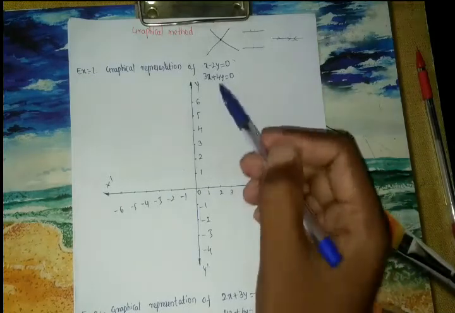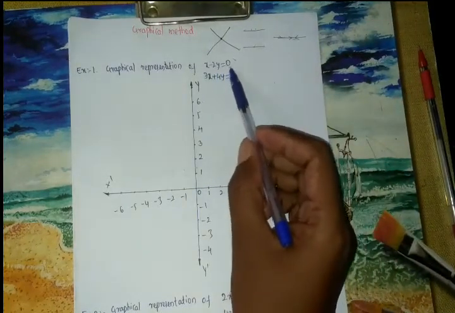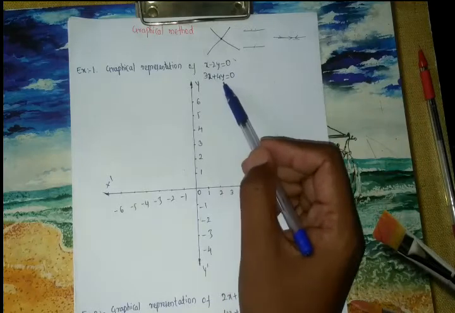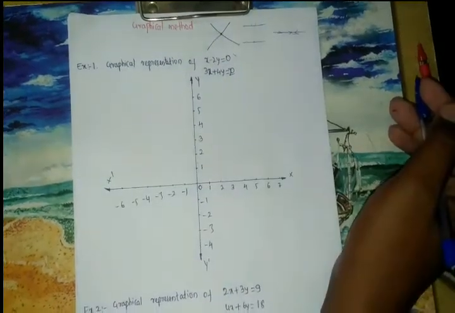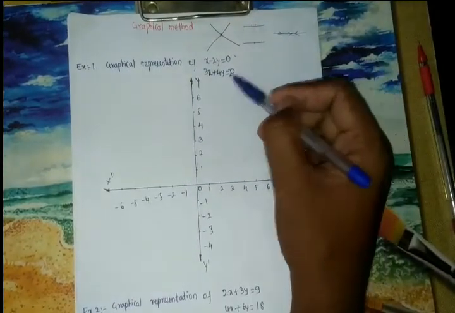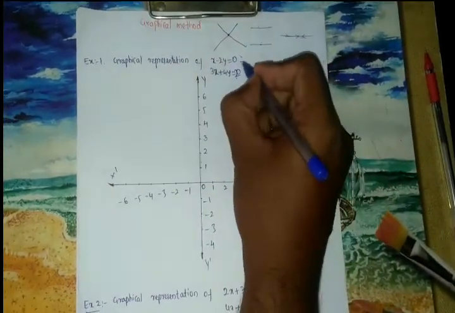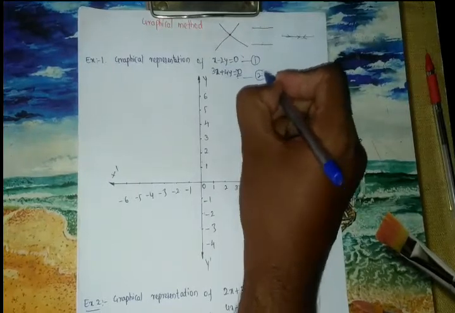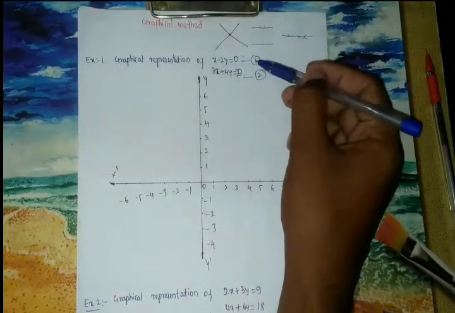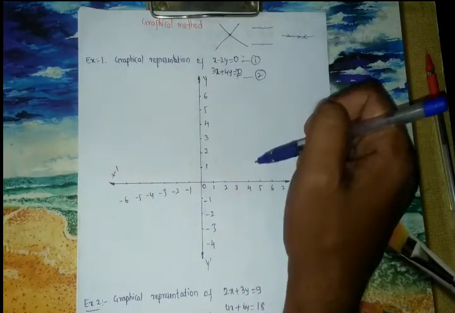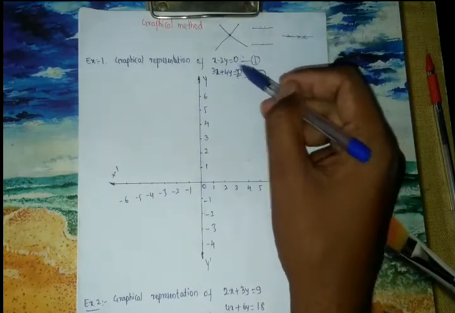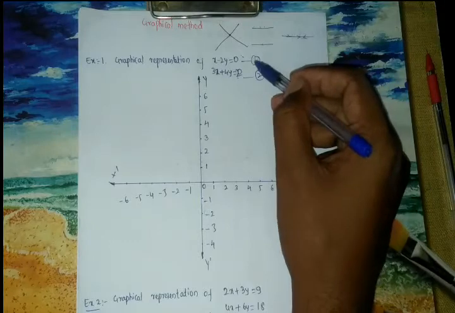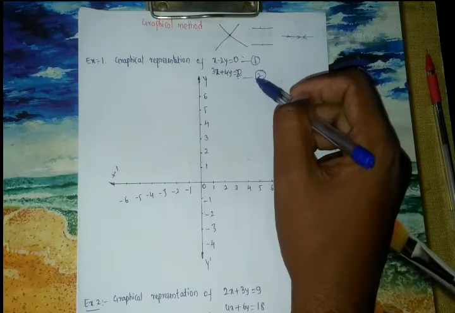Let us discuss these three possibilities with an example. Let me take the equations x minus 2y equals 0 and 3x plus 4y equals 20. Let me call this equation 1 and this equation 2. Let me represent these two equations on the graph. As we know the line will be a straight line, so here we are going to get two different straight lines.